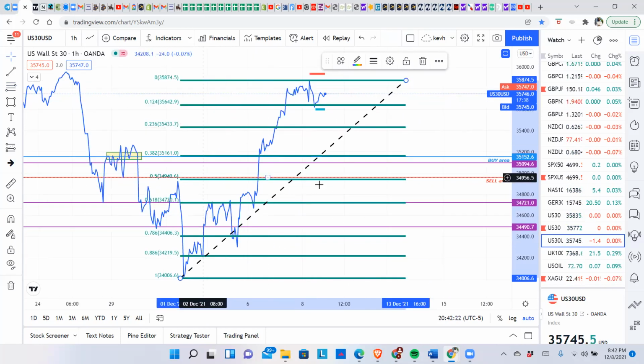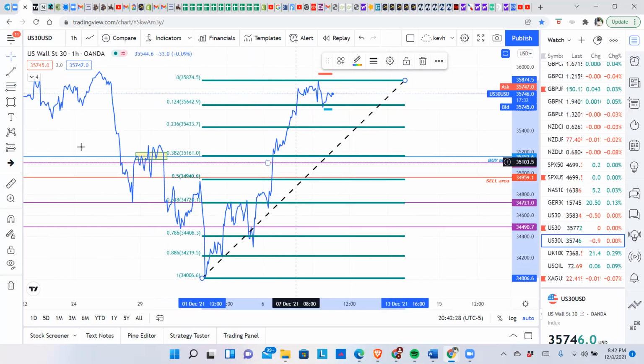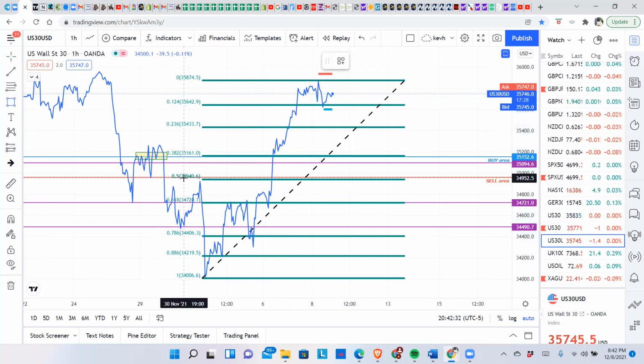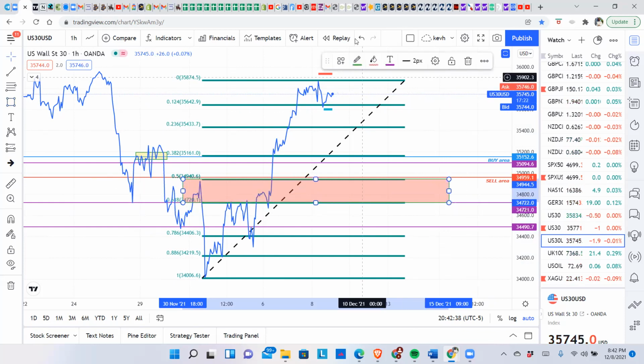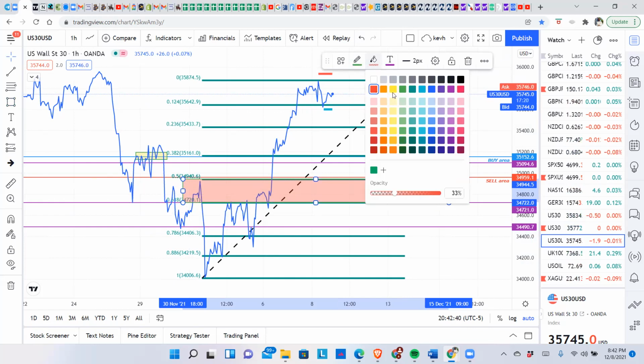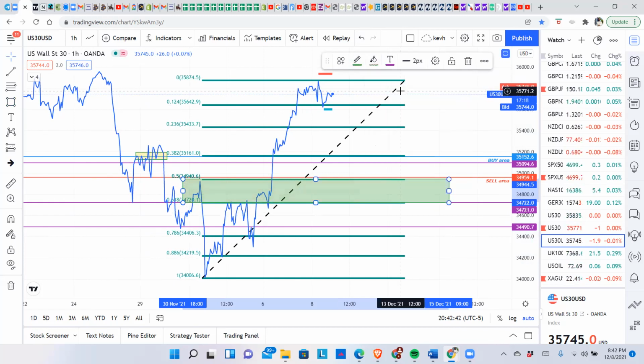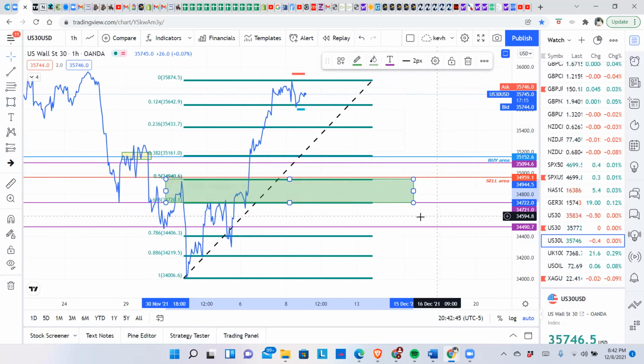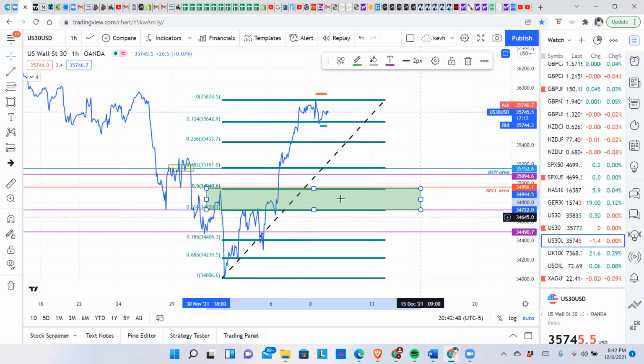Now, based on this, we were able to identify some areas for ourselves, right? I was explaining this, I love the 50% area. It's always a place where I'm excited to see the market come to. And because I want to buy when the market gets here, I'm going to place it as green, okay? Again, that's a personal preference.